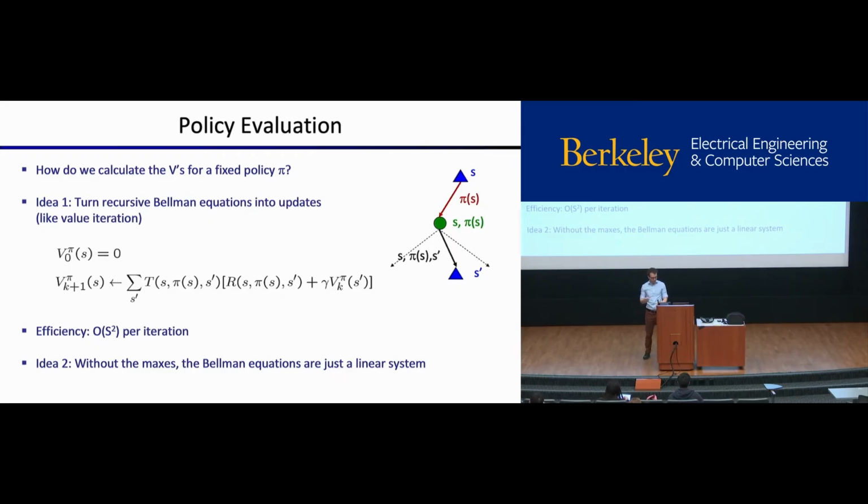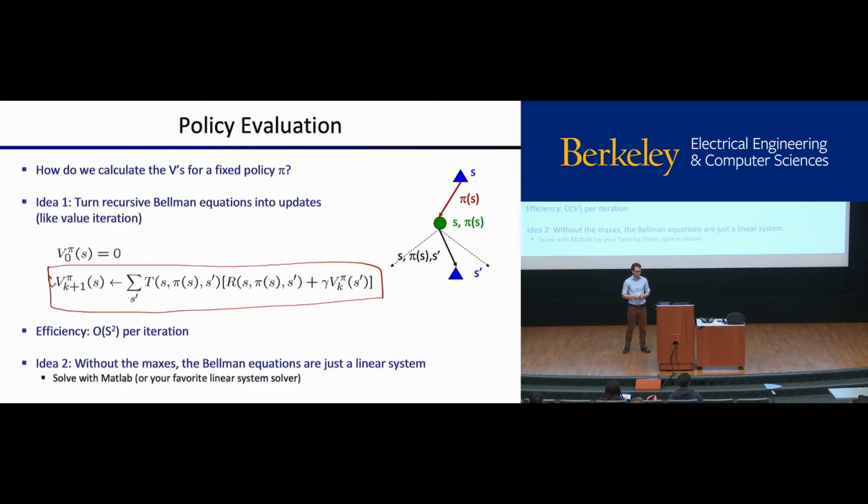Each of the equations looks like this equation. So without the maxes, the Bellman equation is just a linear system. You can solve it using your favorite linear system solver. You could use MATLAB, you could use NumPy, whatever you like. So this becomes a lot more tractable, and you can solve it really quickly. We're going to use that fact to try and make value iteration go a little quicker in a minute.